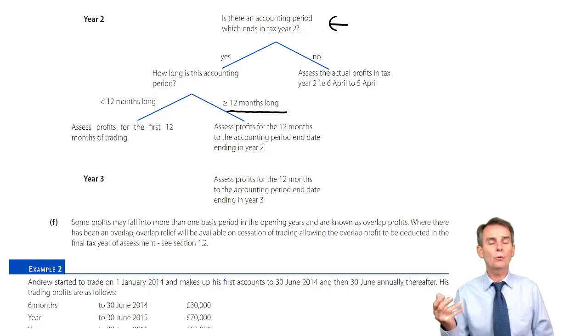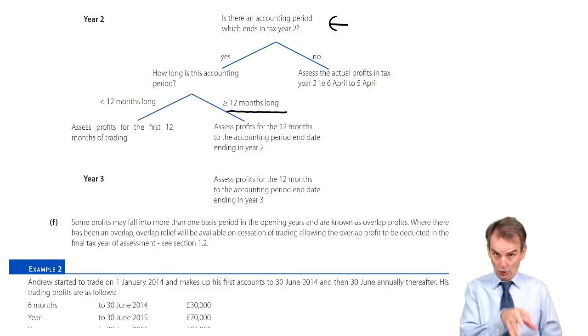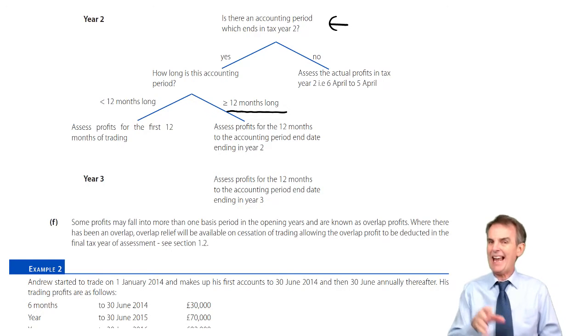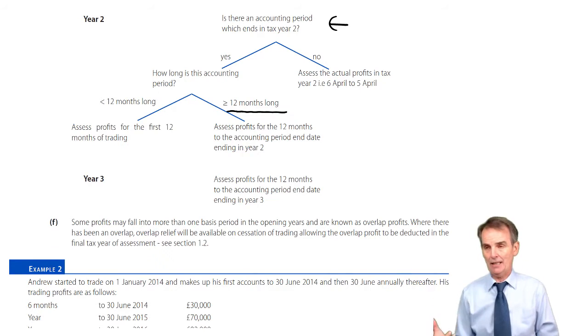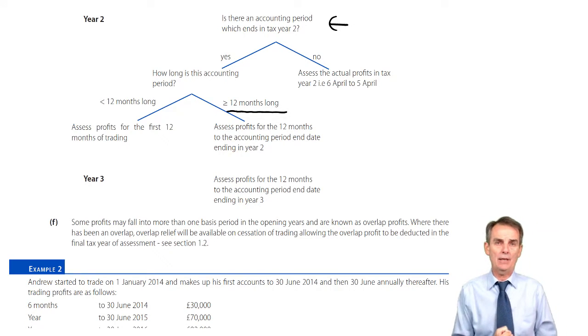We took the profits of the first 12 months of trading. What did that involve? It involved taking all of the profits of the short opening period and adding to it as many months as required from the second 12-month profit-making period to make it up to 12. We used the profits of the first 12 months of trading.